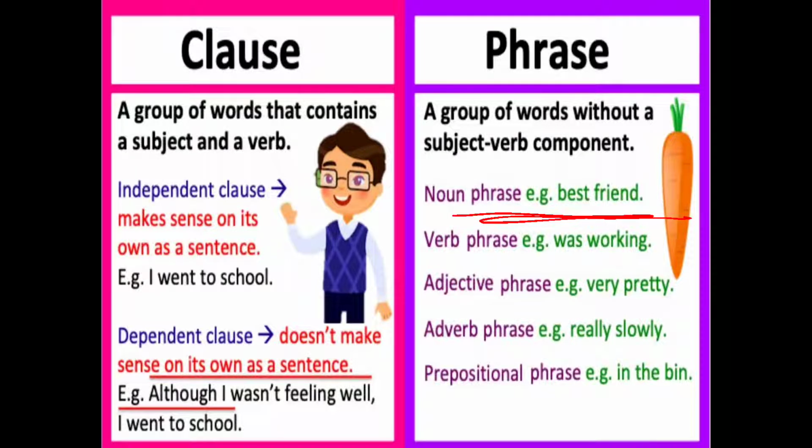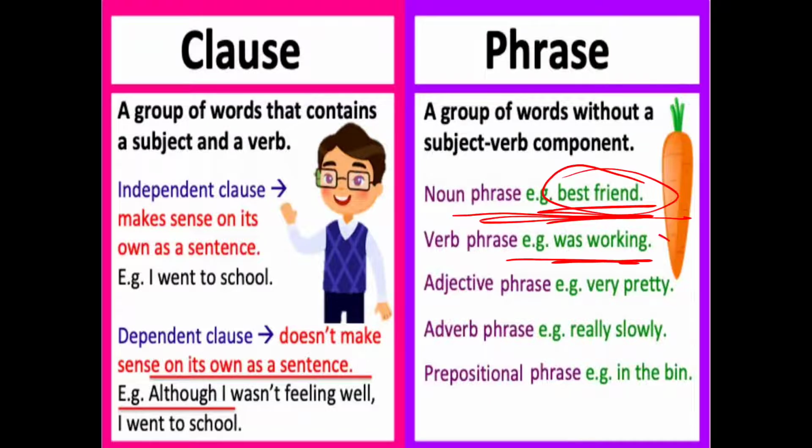It's a group of two words, but it does not have a complete meaning, it does not have a subject or a verb, so this is working as a phrase. It is a kind of noun.